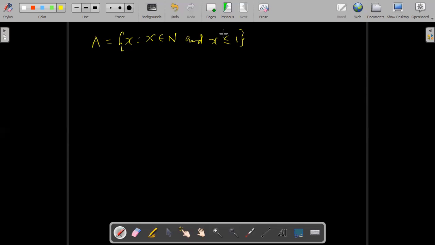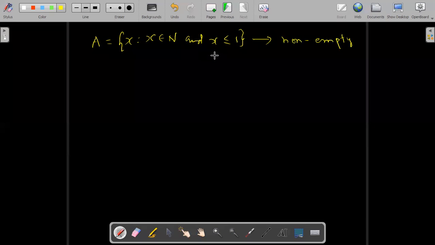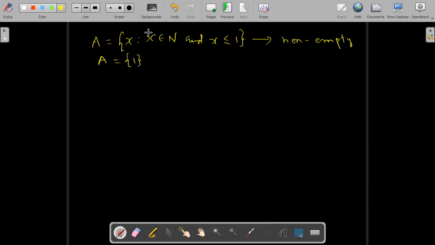Tell me whether it is an empty or non-empty set. Yes, it is a non-empty set, because 1 will be there, since x is less than or equal to 1. So A will have the element 1.